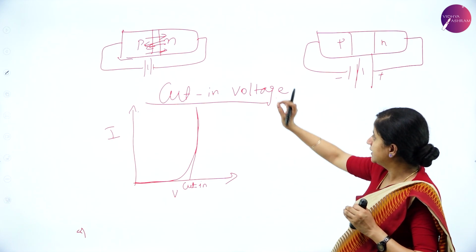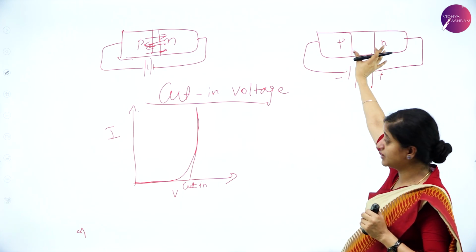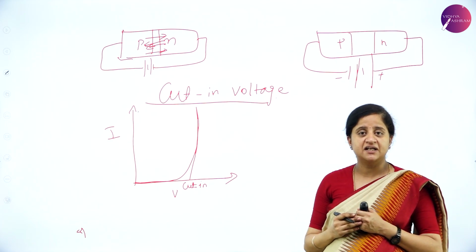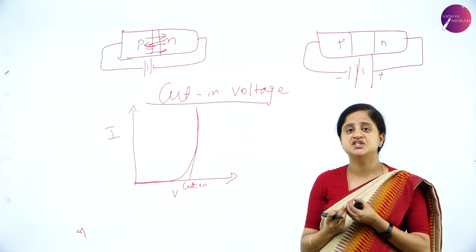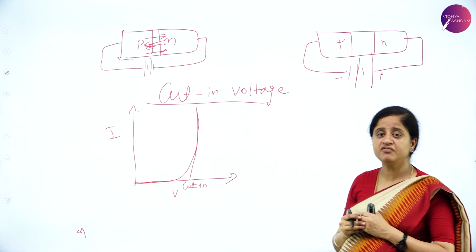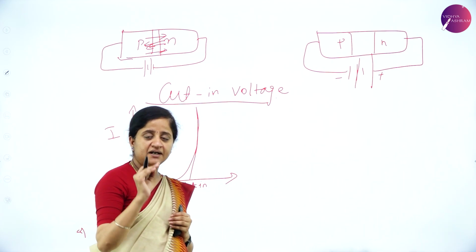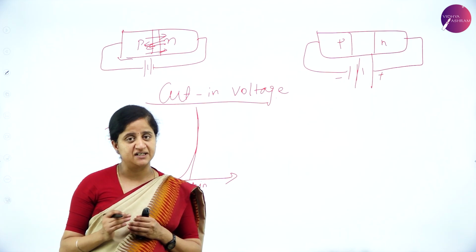As a result, the width of the depletion region increases and the height of the barrier also increases. As the width and the height increase, the charges do not have enough energy to cross the junction and no conduction takes place. Hence, the conduction process takes place only when the diode is in forward biased condition.